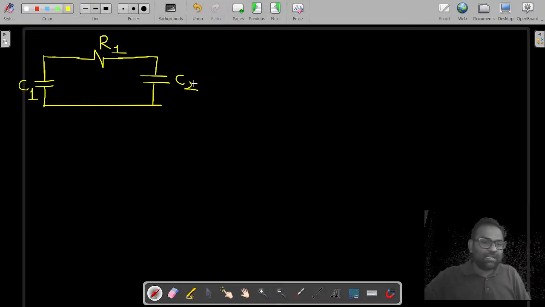Again, a very interesting thing about this circuit is, we are having two energy storing elements, out of which one has an initial condition and one does not have any initial condition.